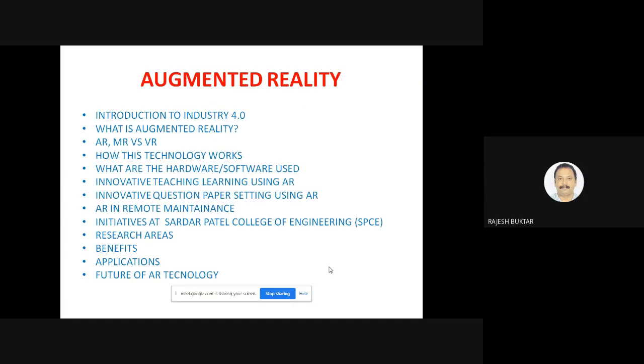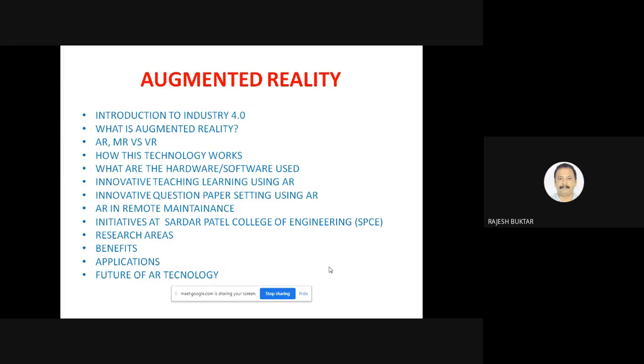During my presentation, I will be discussing these topics. These are the contents of my presentation: introduction to Industry 4, what is augmented reality, mixed reality versus virtual reality, how this augmented reality technology works, what are the hardware and software used, innovative teaching learning method using AR, innovative question paper setting, augmented reality that can be used in remote maintenance as well, and many other applications.